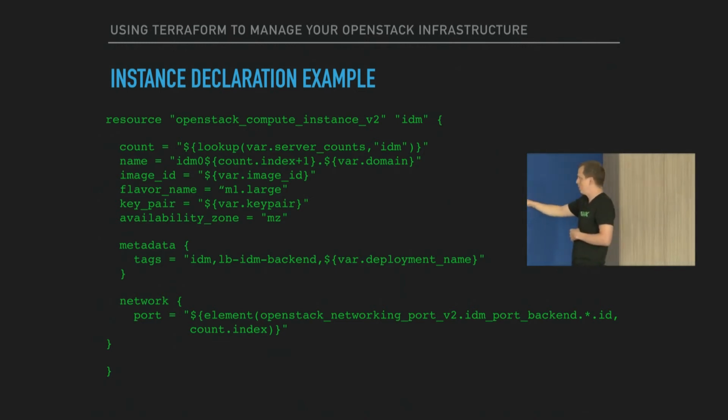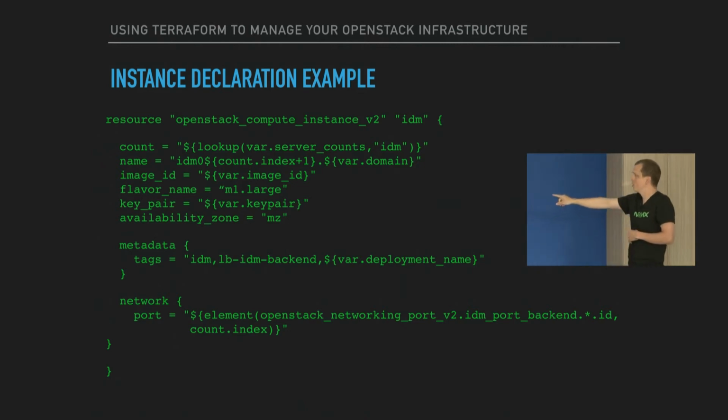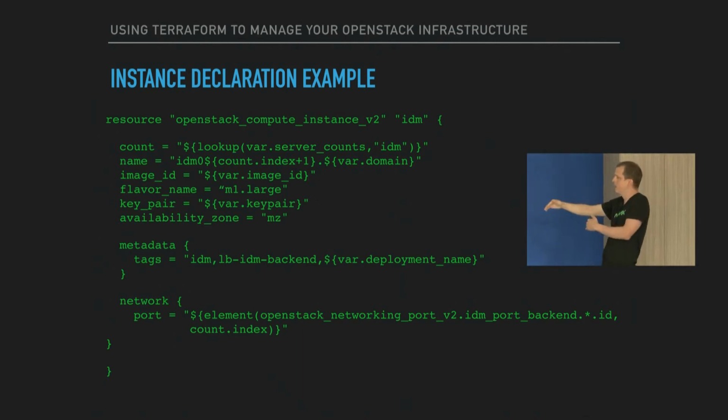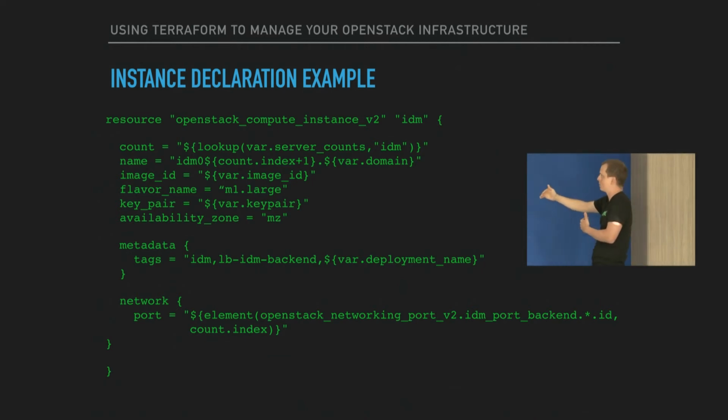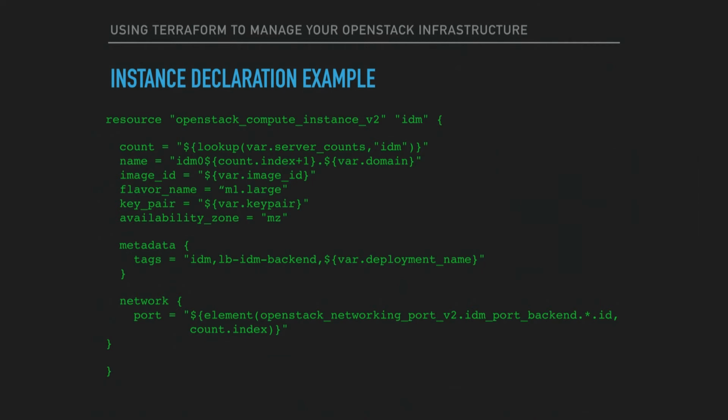So this is what we do, and this is the most advanced extrapolation I use. Somewhere else you define a port with a declaration very similar to this, and I create a bunch of OpenStack port resources, and then using this extrapolation, I refer that for instance number 0, use resource OpenStack networking port named port backend with the index 0.